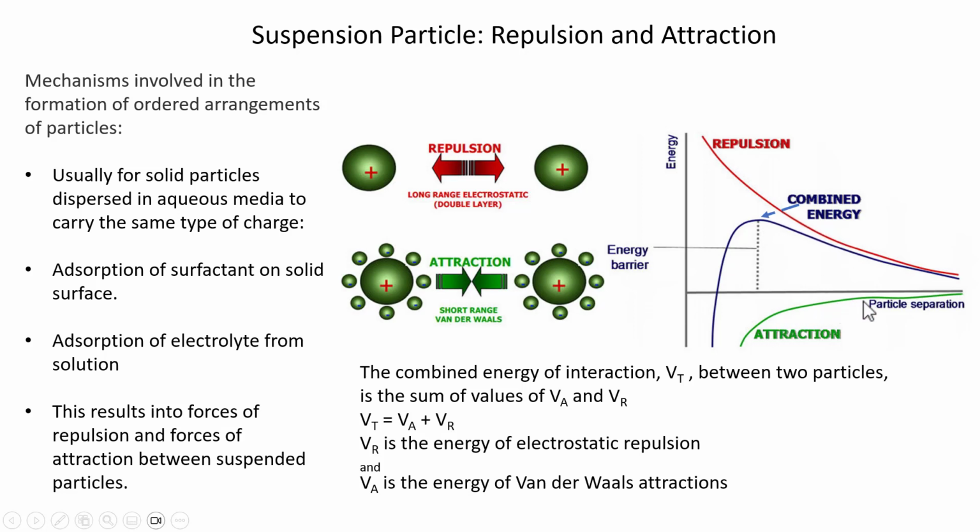Attraction between the particles becomes higher, as shown here. The combined energy, V total, then is shown in this graph. At this point, where the energy barrier is, that's the maximum total energy of suspended particles.